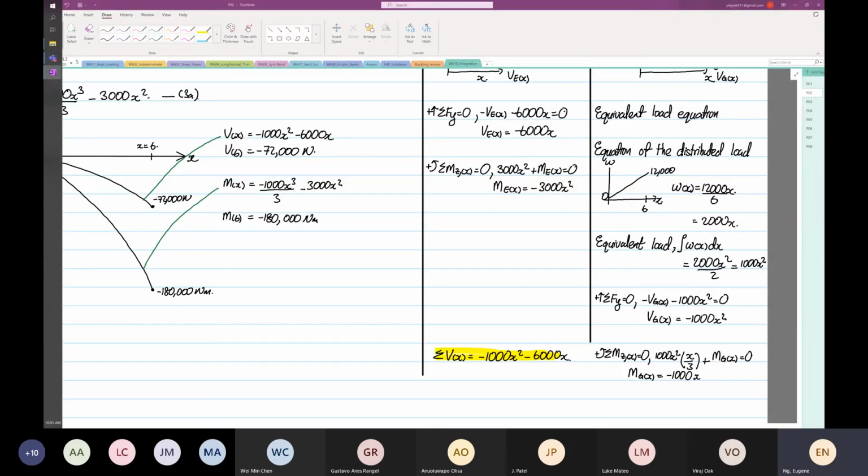Okay, then if we do summation of both of them, this will be equal to minus 1000 x cubed over 3, and then we have minus 3000 x squared.